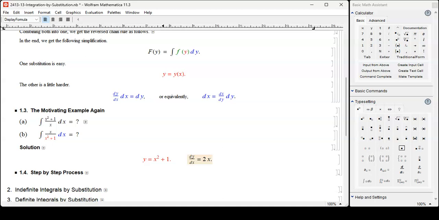It's just a derivative computation. dy is 2x dx. Just some algebra. Dx is therefore 1 over 2x dy.